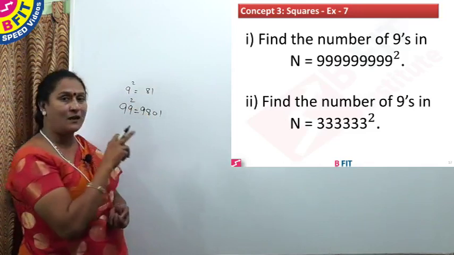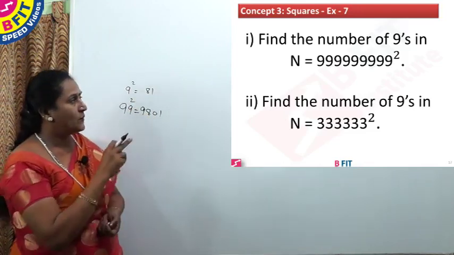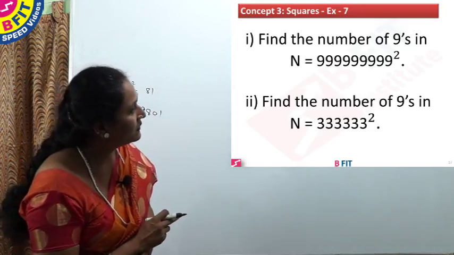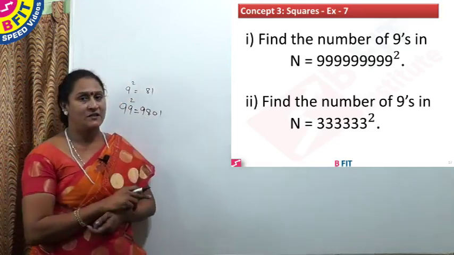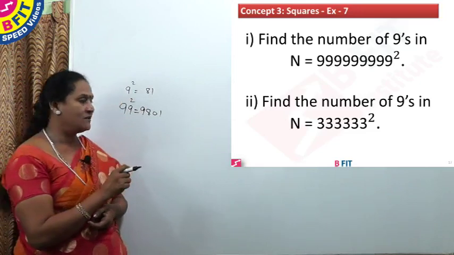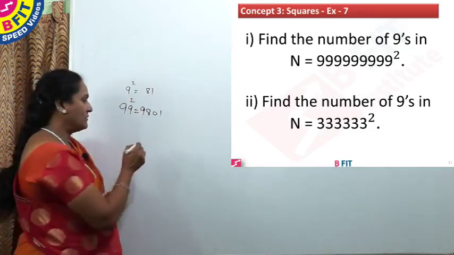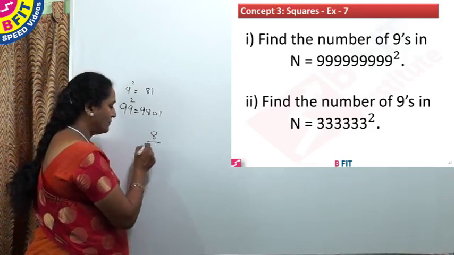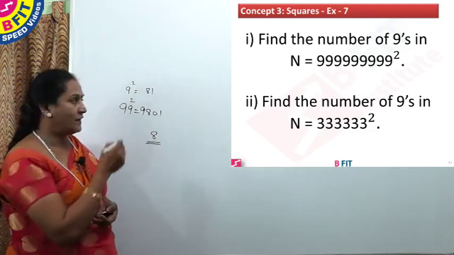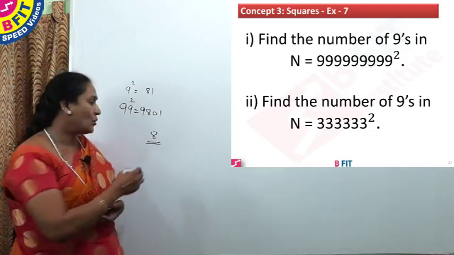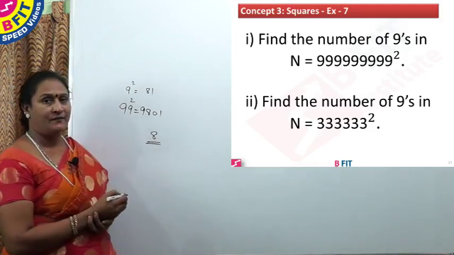So you will have 1 less than the number of 9s. How many 9s do we have here? We have nine 9s in the question. When you square nine 9s, how many 9s will be there in the square? It will be 1 less. So when you square nine 9s, the number of 9s you will have is eight. So 8 is the answer.